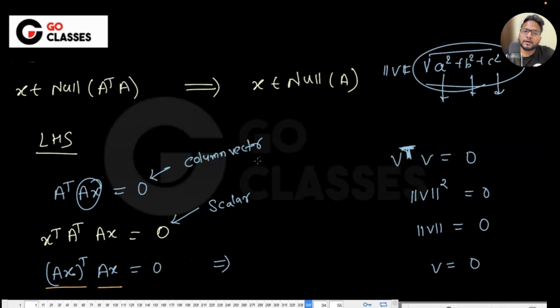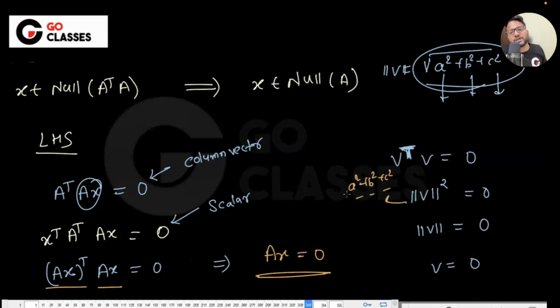Not possible, so that vector must be 0. If three squared numbers add up to 0, individually A is 0, B is 0, C is 0, which means the vector is 0 itself. So from here Ax equal to 0 we got. It means X is in the null space of A.